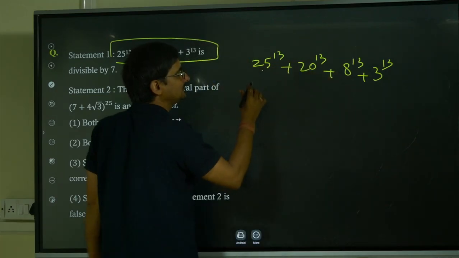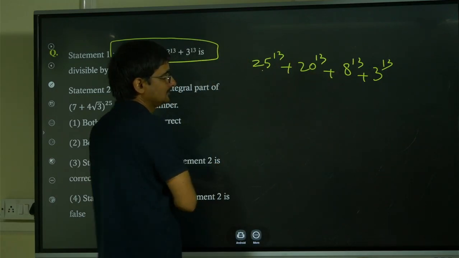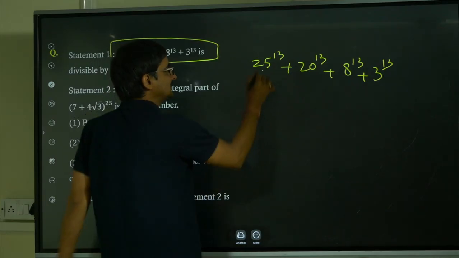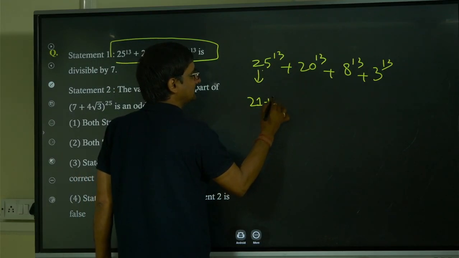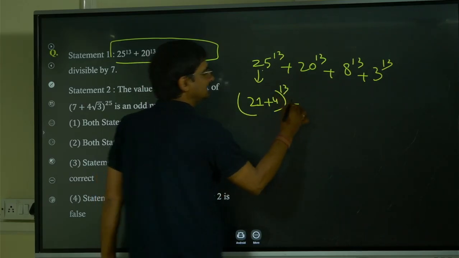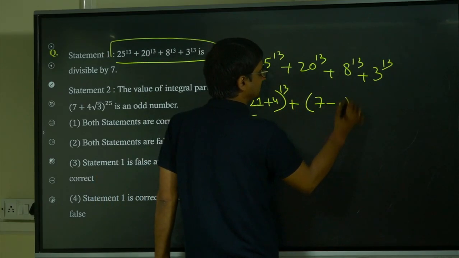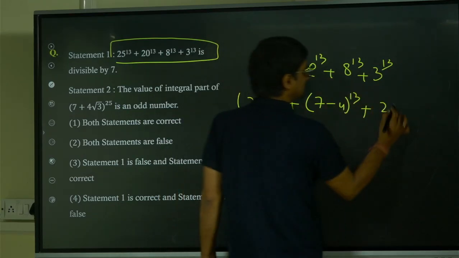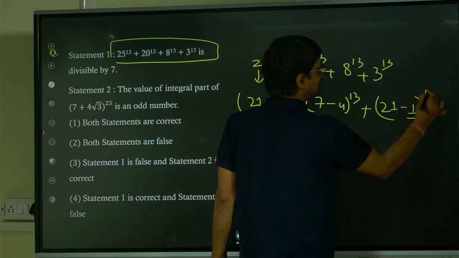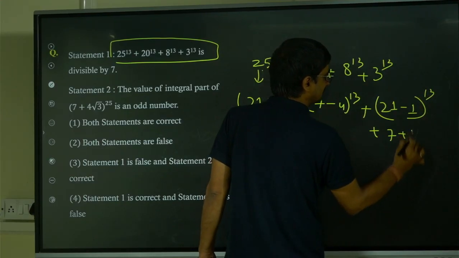I will write it as 21 plus 4 raised to the power 13, and 3 as 7 minus 4 raised to the power 13, 20 as 21 minus 1 raised to the power 13, and 8 as 7 plus 1 raised to the power 13.